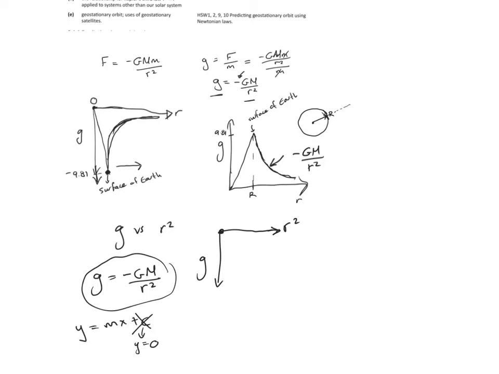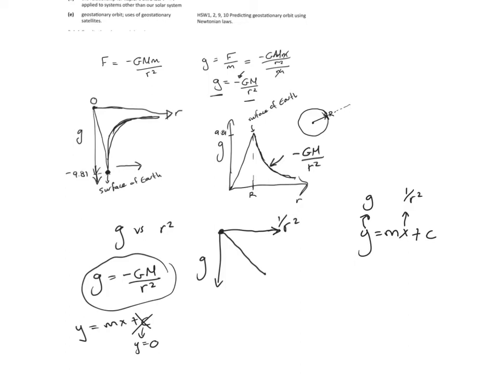So my line should start from the origin and it should be a straight line, since if I compare my two equations, let me redo it nicer, sorry. I know I can be messy at times, but I will eventually improve. So I chose my y-axis to be g. My x-axis is r squared. Sorry, 1 over r squared, because the equation is 1 over r squared.